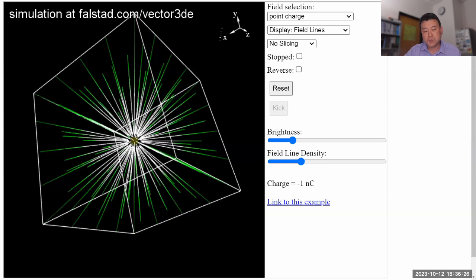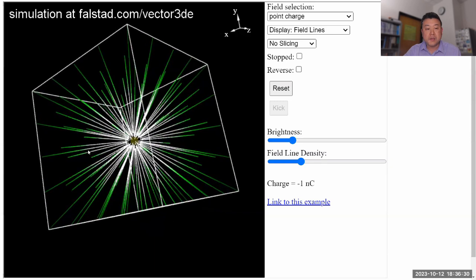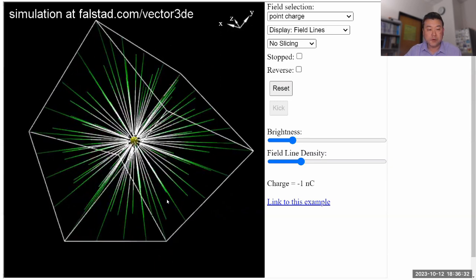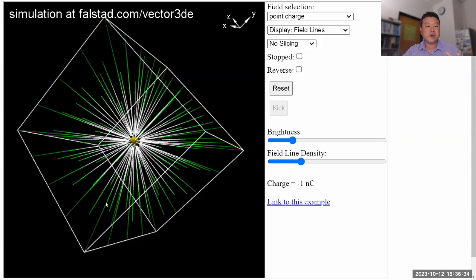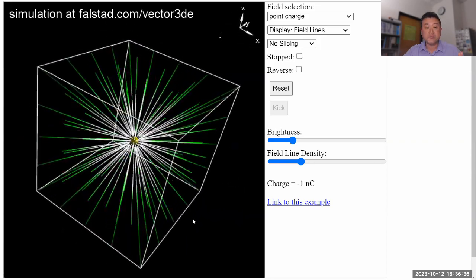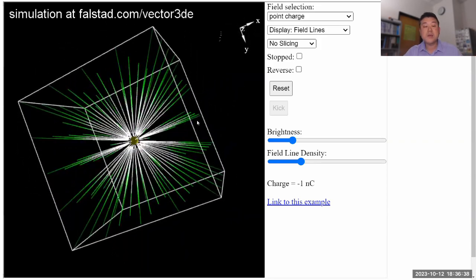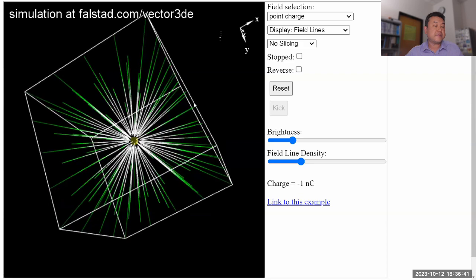It picked this plane and then a plane a little bit rotated, but if you take a more statistical view, no matter how it's oriented, the density of lines remains about the same. It's radially symmetric. It's rotationally symmetric.